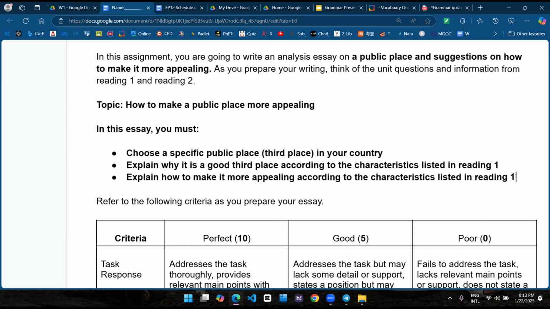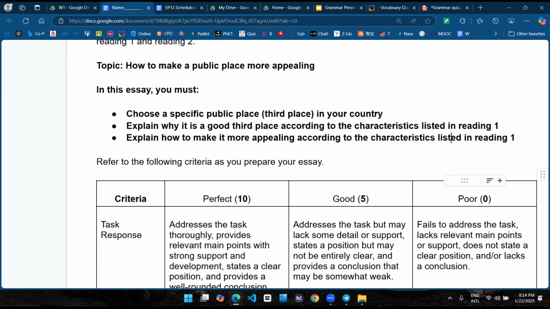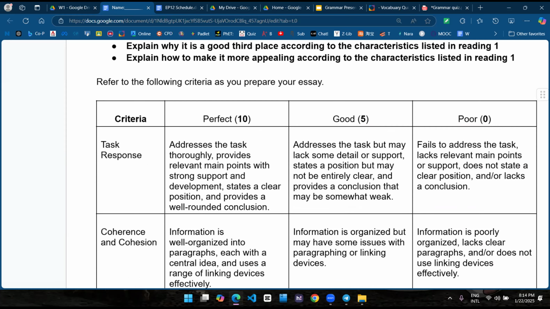And the second body paragraph is how to make it more appealing according to the characteristics listed in reading 1.